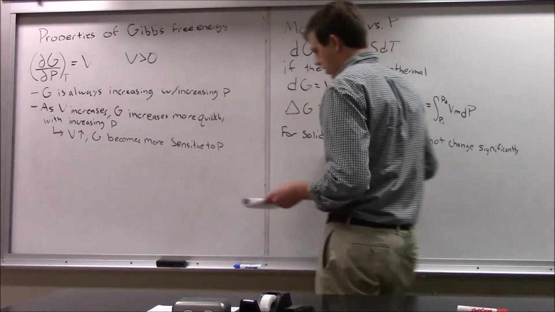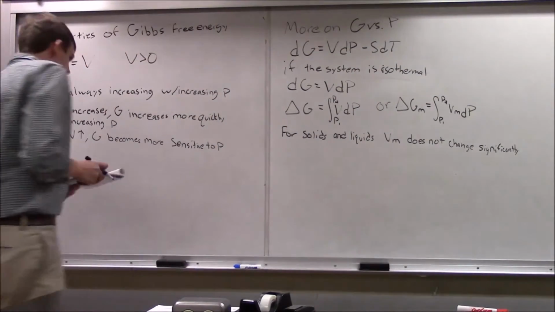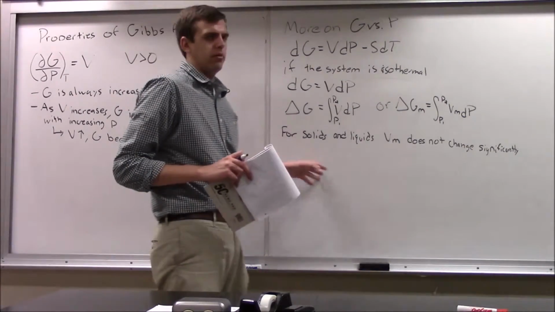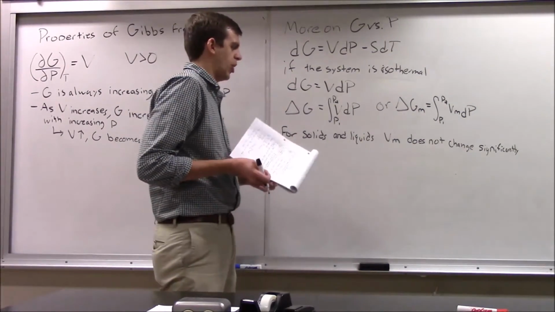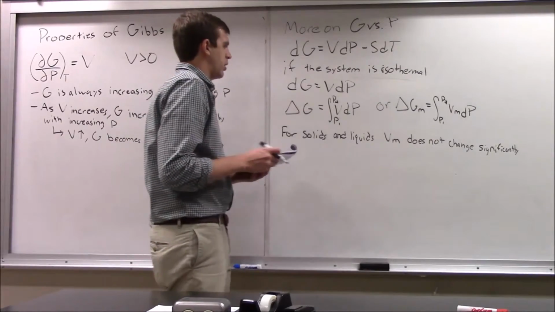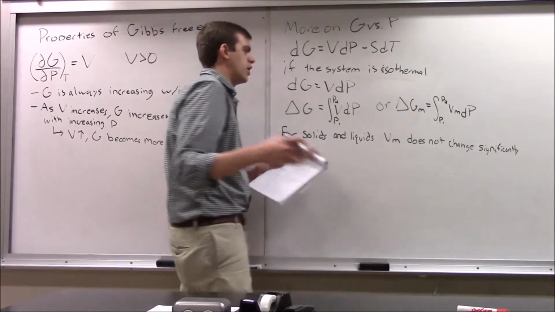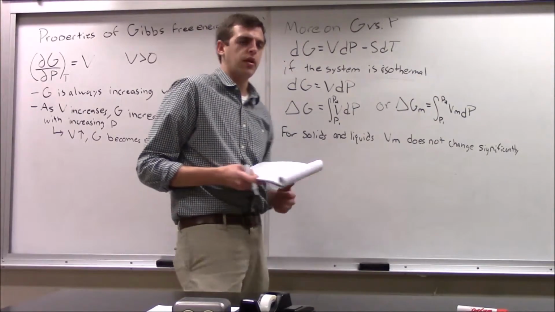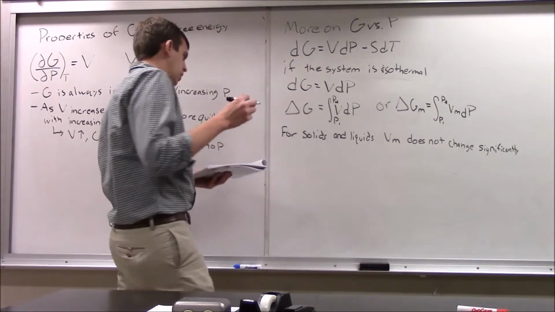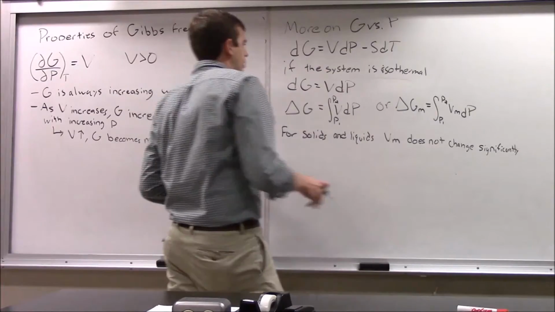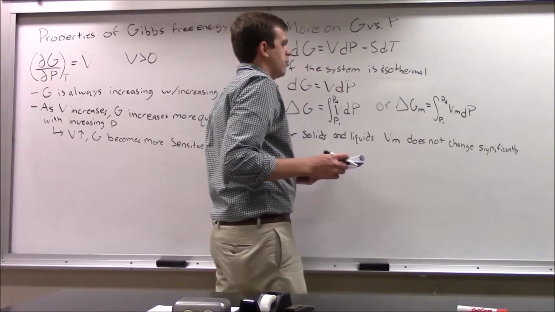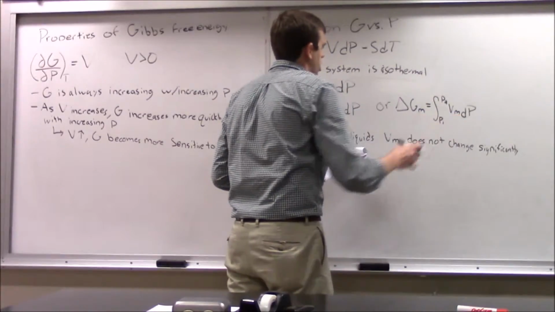We could figure this out using our isothermal compressibility. If you recall, we talked about that earlier on, a couple chapters ago. But it's safe to say, if you change the pressure, you're not going to change the volume of a solid or liquid significantly. So that means that Vm is not dependent on pressure.